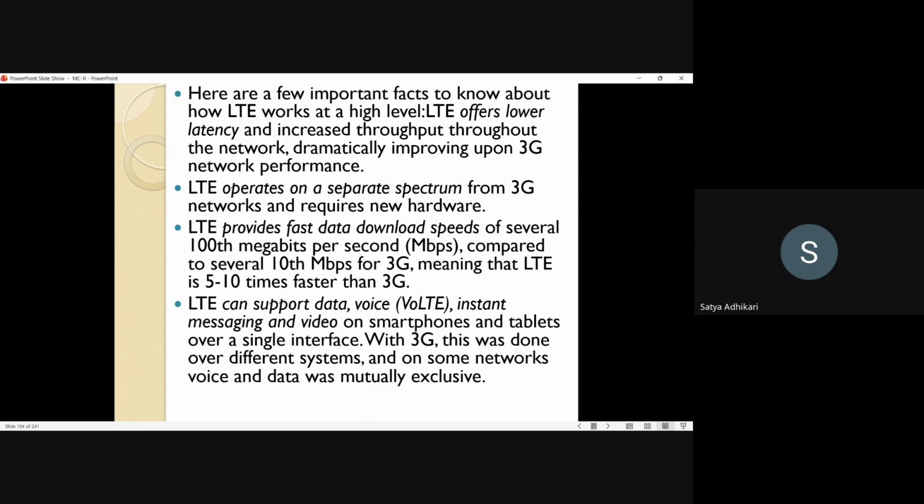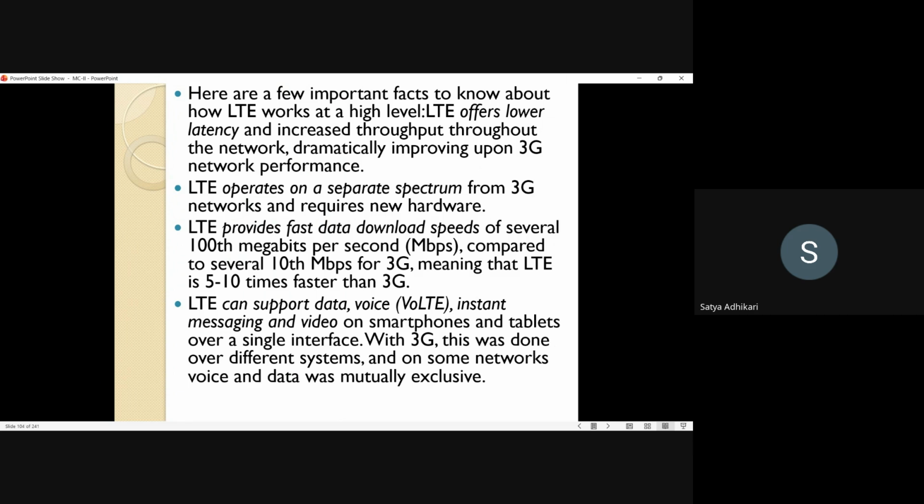So here are a few important facts to know about how LTE works at a high level. LTE offers lower latency. Latency, as we have already discussed, is the time between the data sent and data received, and lower latency means the delay is less, with increased throughput throughout the network, dramatically improving upon the 3G network.